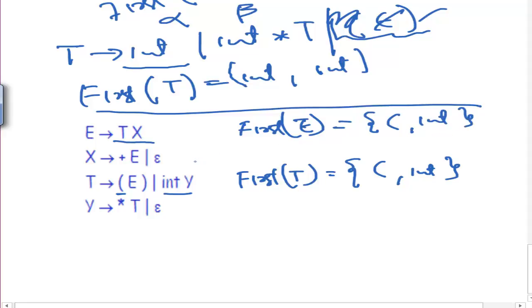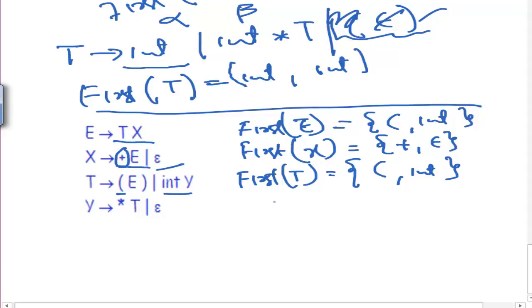What about the first of X? The first of X again has two productions, so I'm saying first of X equals plus or epsilon. There is an epsilon also in it. We have to talk more about the epsilon; we'll see it later when we do the generalization of this.